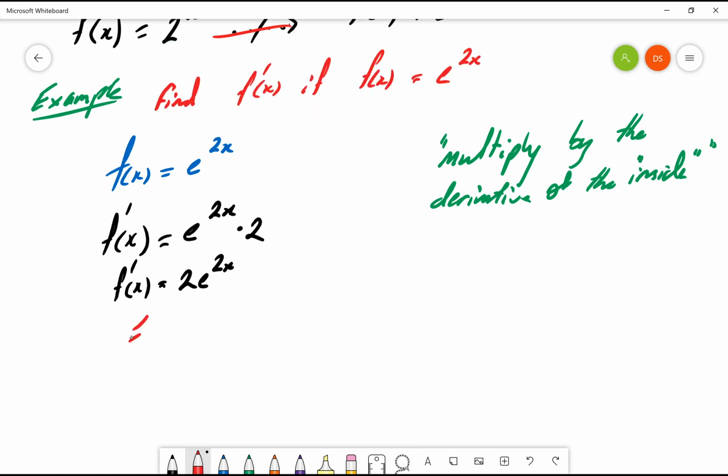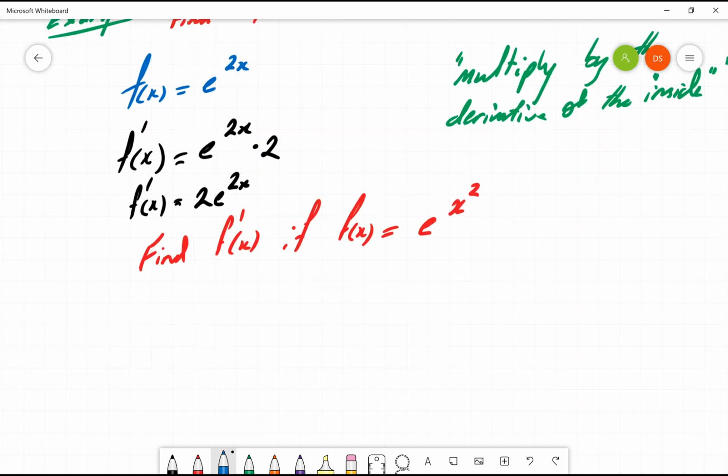Find f dash of x if f of x is equal to e to the x squared. Okay? So similarly, f of x is kind of nice, and f dash of x, once again, the basic derivative of e to the x, of an exponential, stays the same.